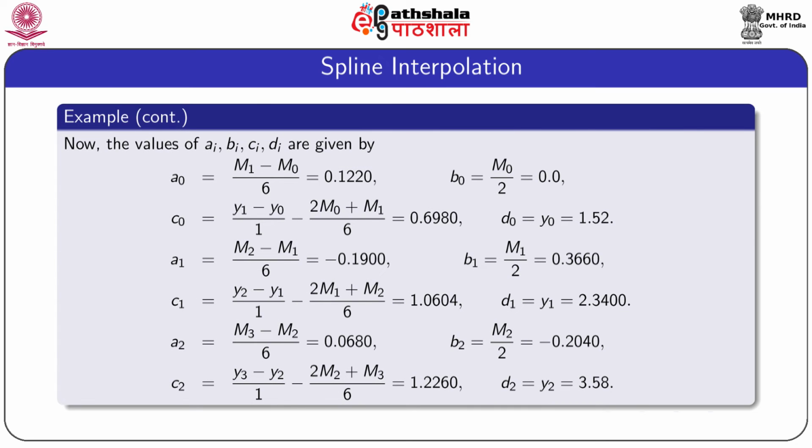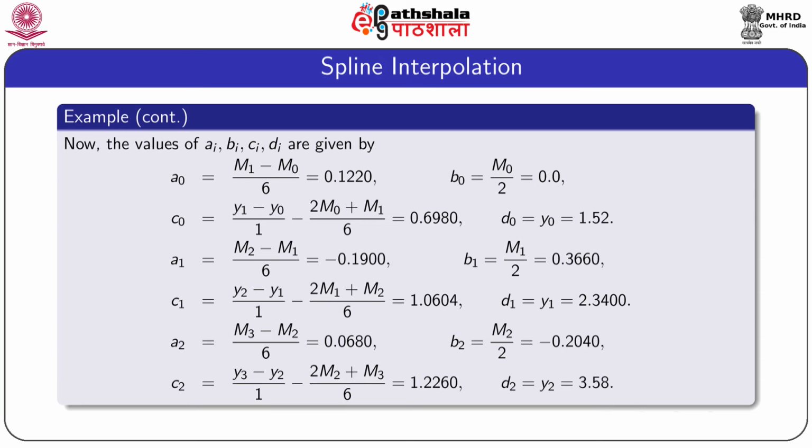Now, the values of ai, bi, ci and di are given by this formula. Since the values of m0, m1, m2, m3 are available, we can calculate a0 equal to (m1 minus m0) by 6, which is equal to 0.1220, b0 equal to m0 by 2, this is equal to 0, c0 equal to (y1 minus y0) by 1 minus (2m0 plus m1) by 6, and after simplification the value of c0 equal to 0.6980, d0 is equal to y0, which is equal to 1.52.